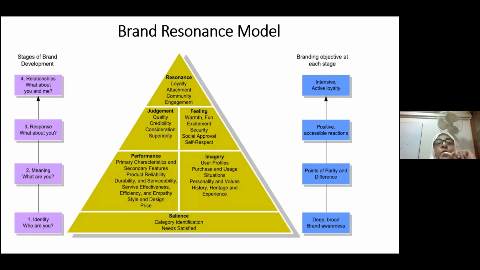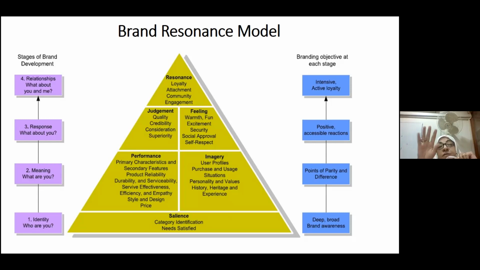Then you move on to the third level, in which you have to derive positive and accessible reactions from the responses of your customers. What do I mean by that? Now comes the time when the customer is going to realize the value of your brand, and based on that a transaction is going to take place.